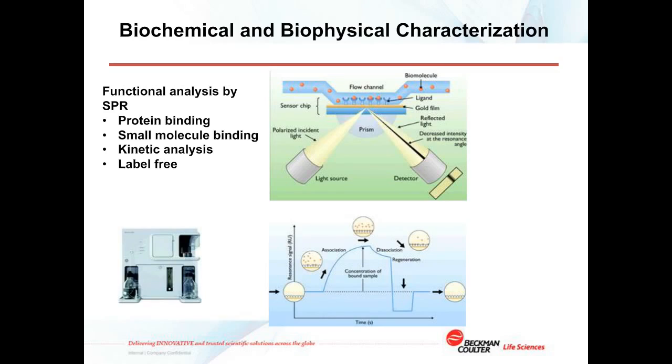And what one is typically then examining is a change from a base level response on the surface to a maximal level of response as a function of concentration of the analyte that's in solution. And through this method, one can determine on rates, off rates, and steady state binding profiles.